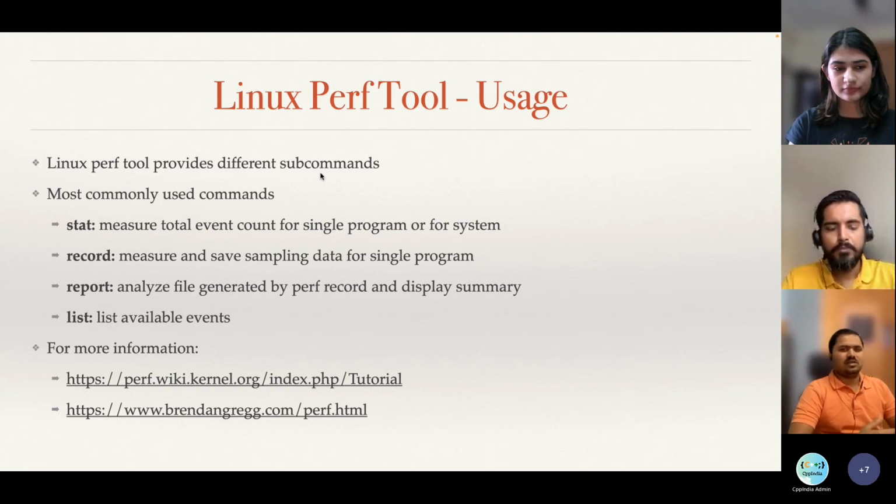Another is a text terminal based interface called TUI. Another subcommand is list, which tells you what events are available to trace. There are more subcommands, but these are the popular ones used by most people, so that's why I included them here. You can find more information on the two given links.